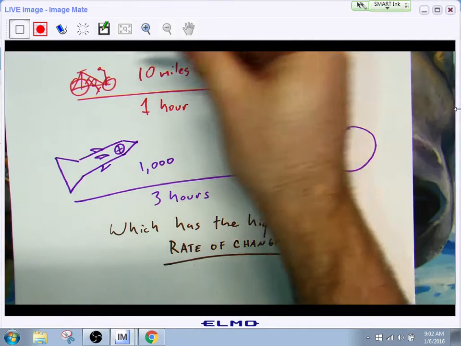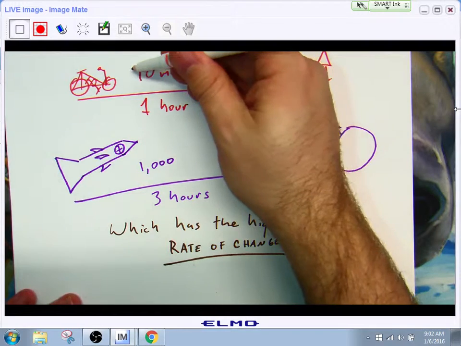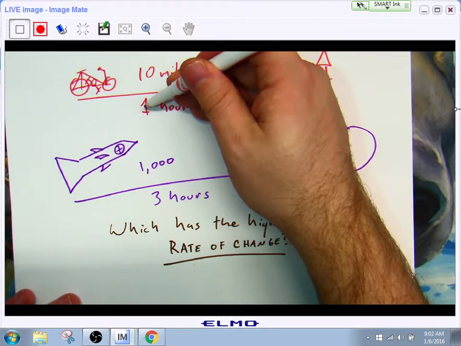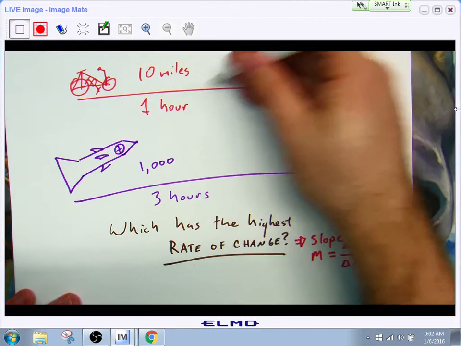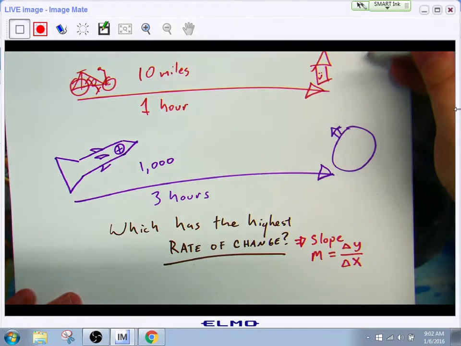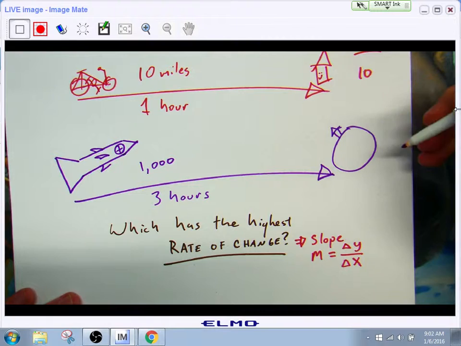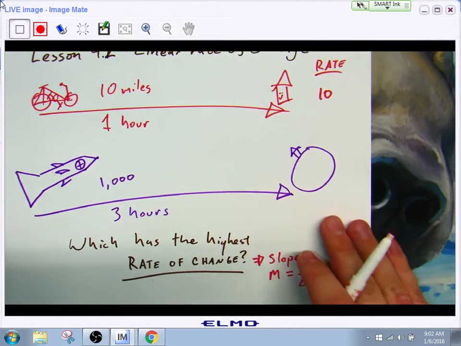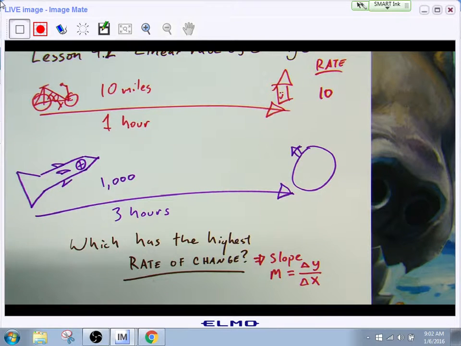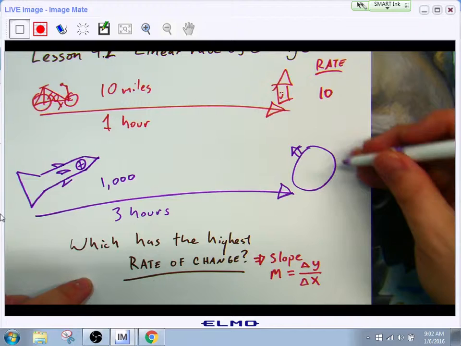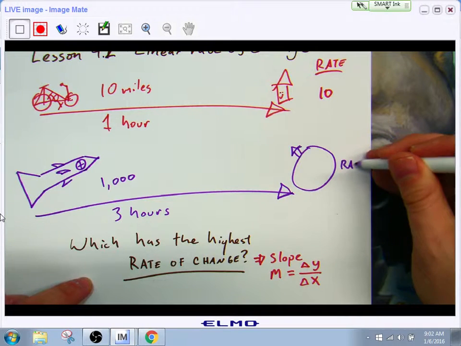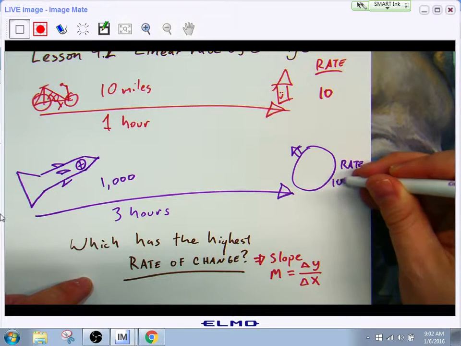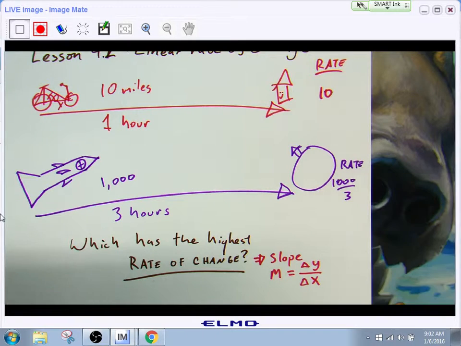And so we can easily figure that out. My change in y is 10 miles over 1 hour. So my slope here is 10 over 1. My rate for my bicycle is 10. And so what would my rate for my rocket ship be? Well, it's 1,000 over 3. So it's 1,000 thirds.